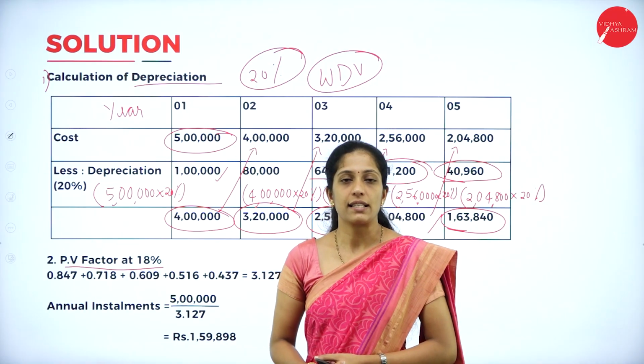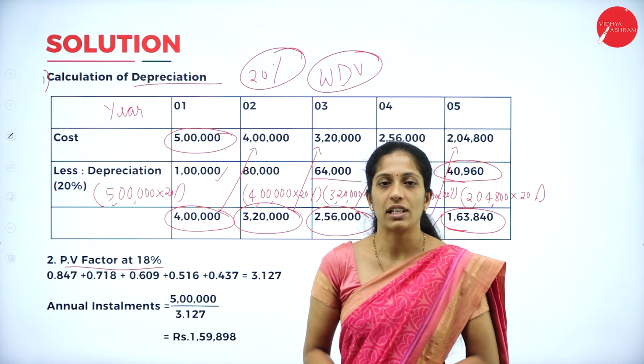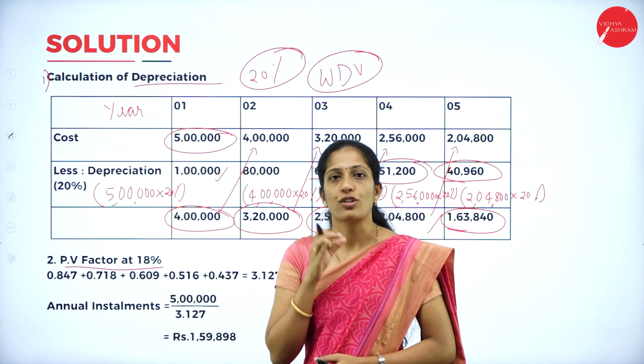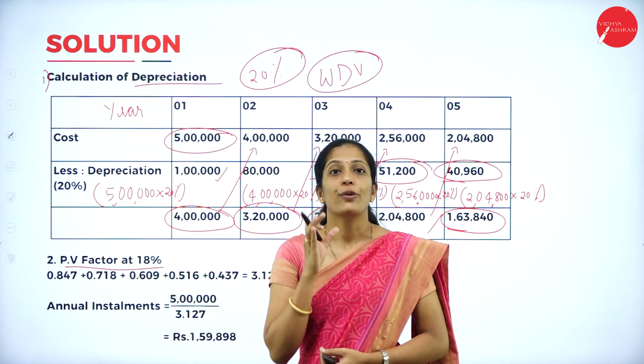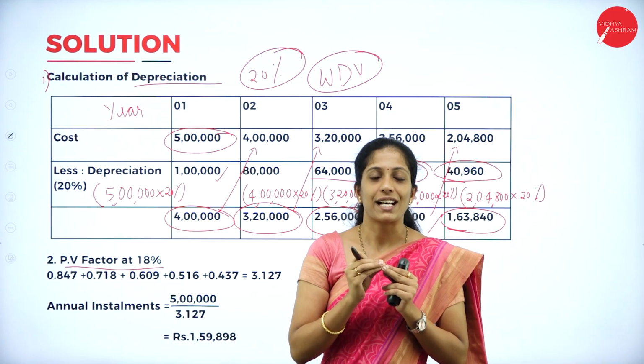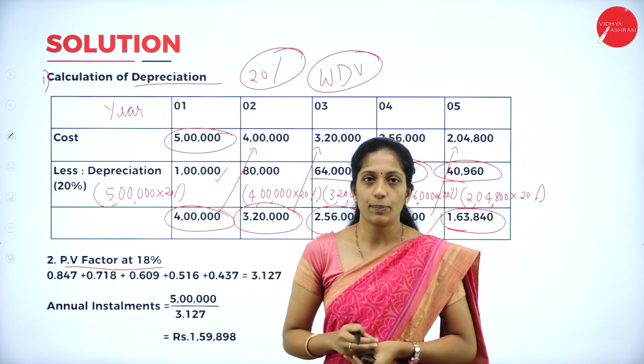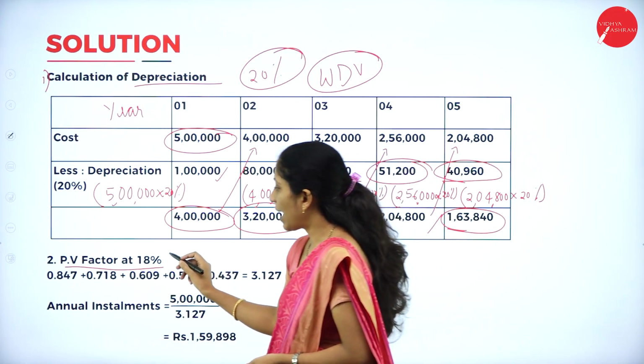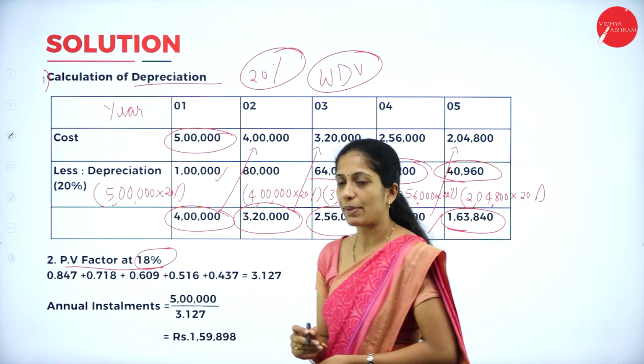Calculation of annual installment. How to calculate the annual installment? That is the total cost of the asset divided by the total PV factor. Now, they have given the PV factor at 18%.